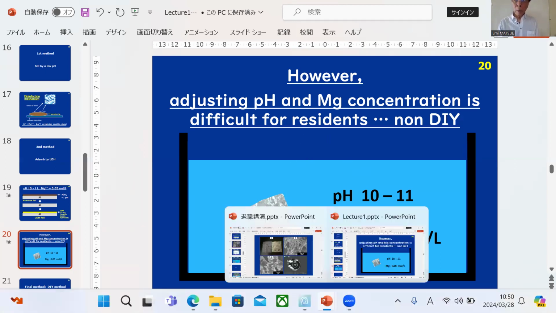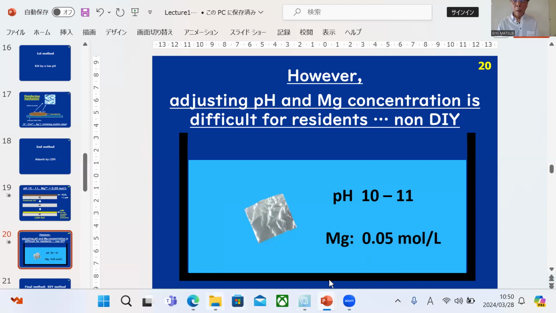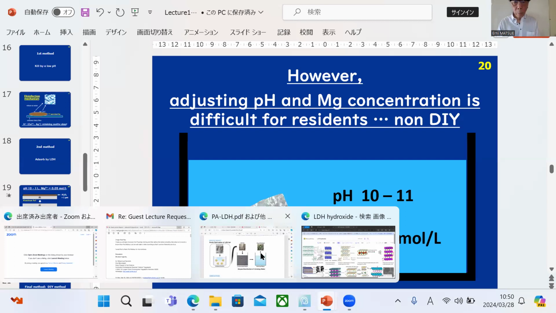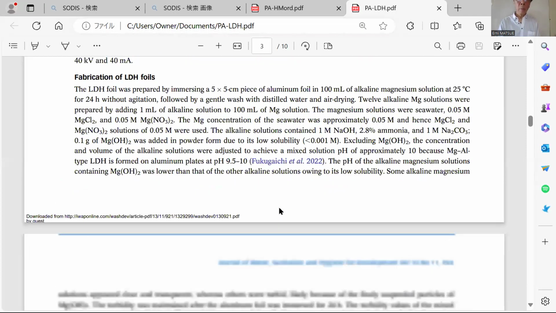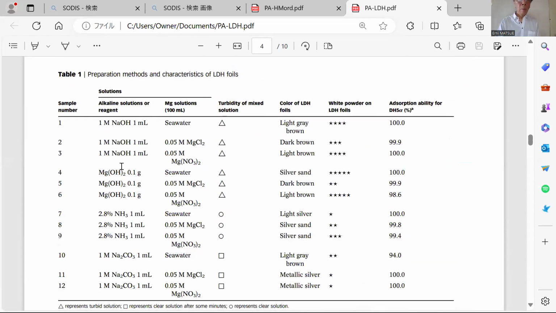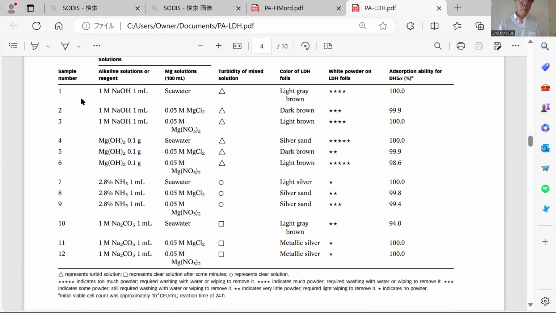For example, again, the article: many methods, many alkaline solution and Mg solution. Just mixing the two solutions, we can get LDH foil.